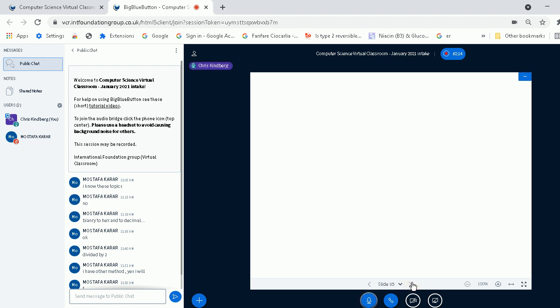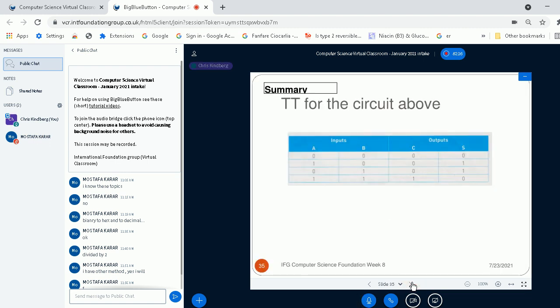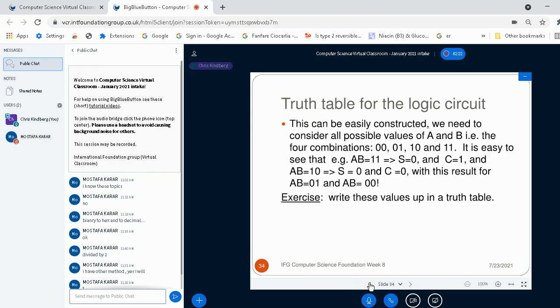Let me just go back a bit. The truth table for the logic circuit is easily producible, and all we need to do is to consider all possible values of A and B, 4 combinations, permutations if you like: 0, 0; 0, 1; 1, 0; and 1, 1.